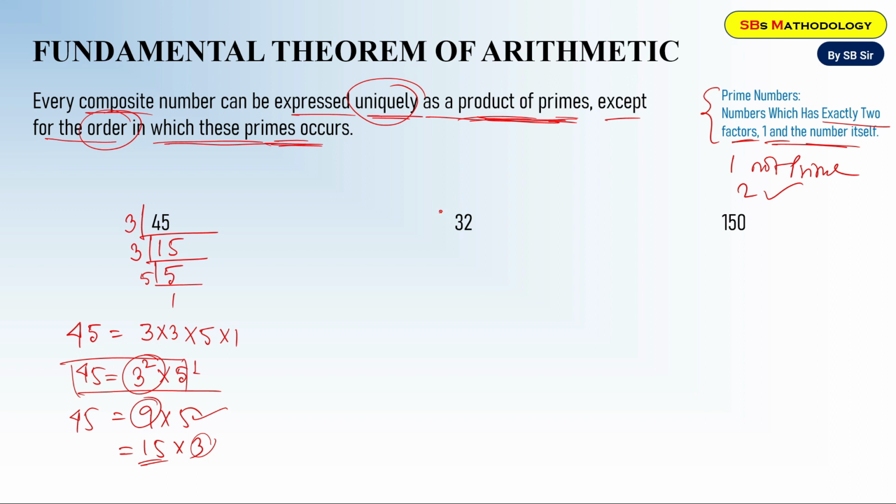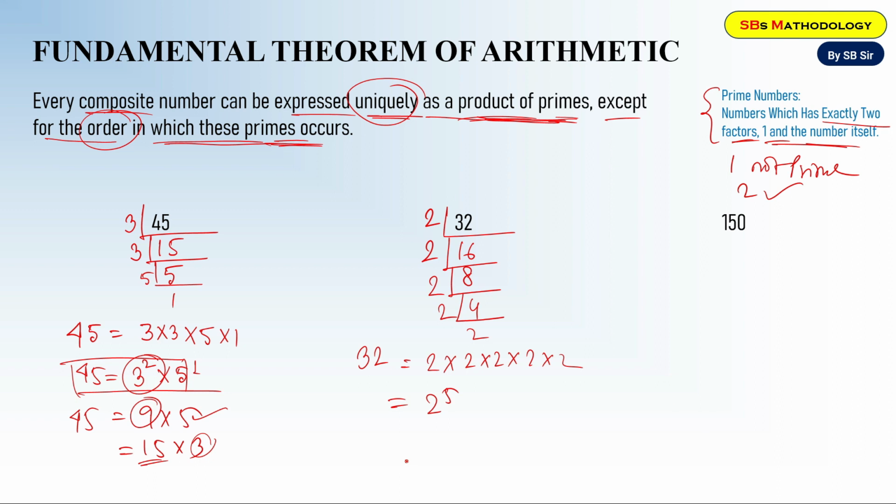That doesn't matter. So if I try the next example, 32 will be divisible first by the prime 2. 2 16s are 32, 2 8s are 16, 2 4s are 8, and 2 2s are 4. So we can write 32 as 2 into 2 into 2 into 2 into 2, that is 2 to the power 5.